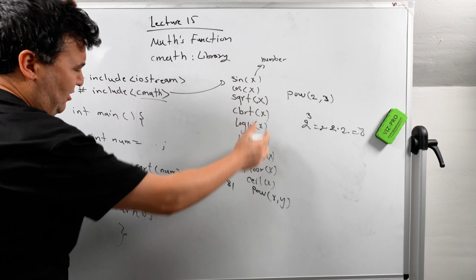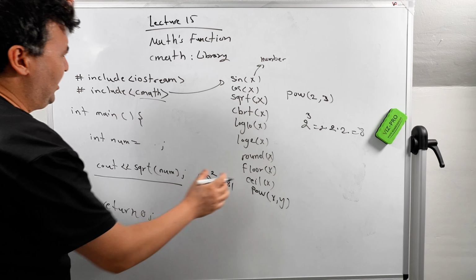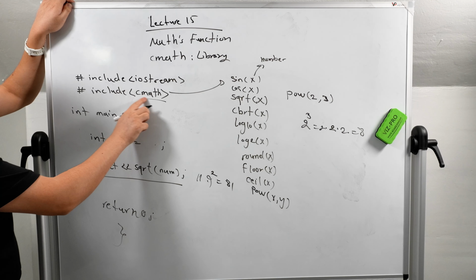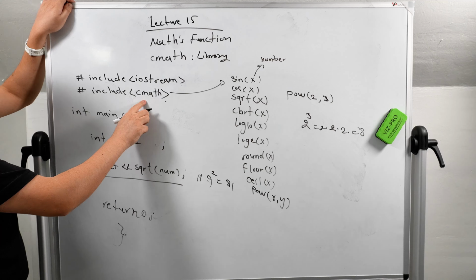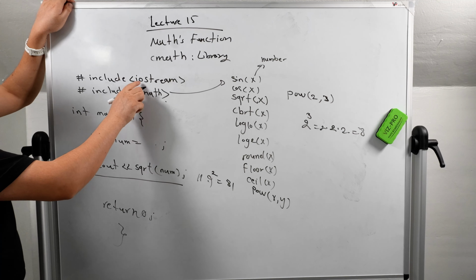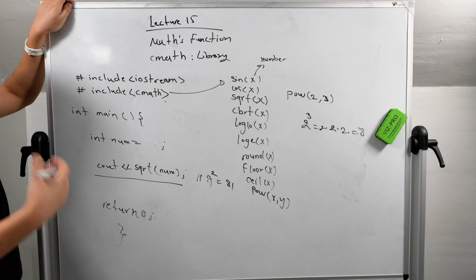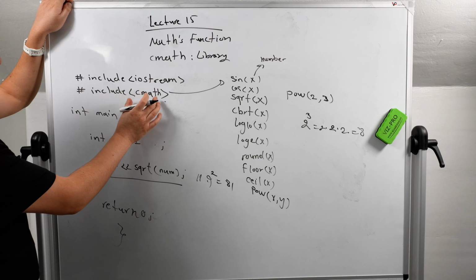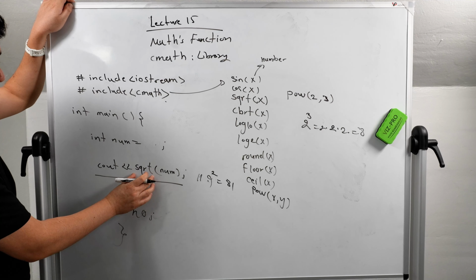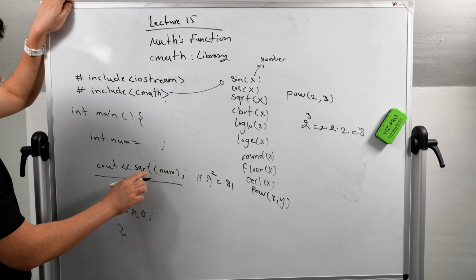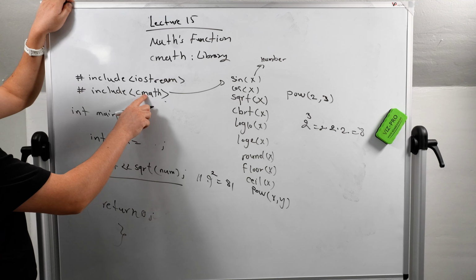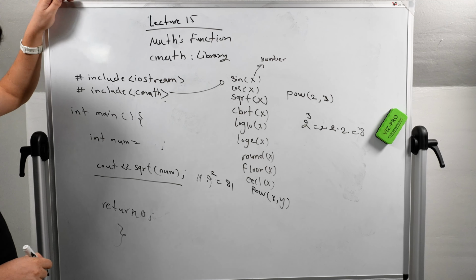But in order to use all of these mathematics functions, please remember, we need to include this library in our program. Just as we included iostream, the input-output stream, because we use cout to print something on the screen, here we use the sqrt function, which is inside the cmath library, so we include it in our program.